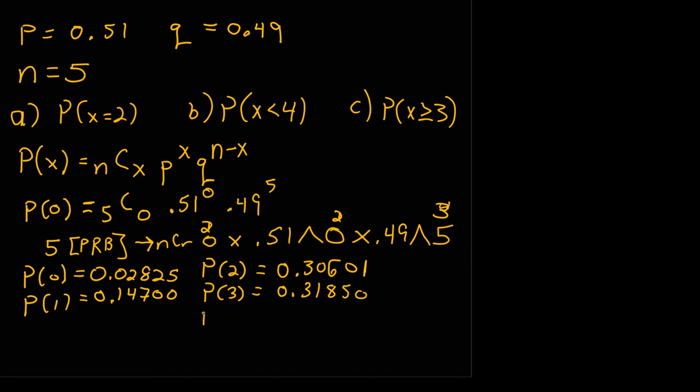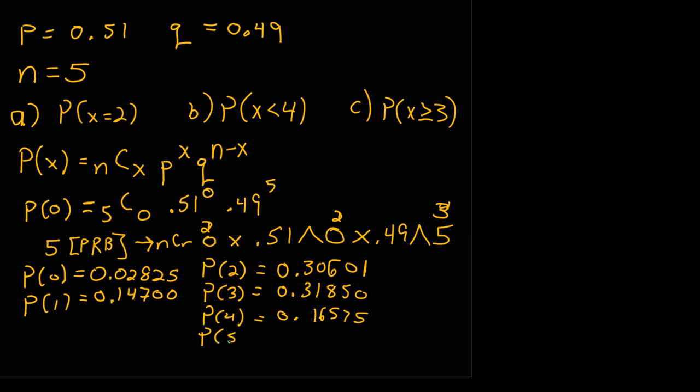Then P4: I up arrow, replace this with a 4, this with a 4, this with a 1, and get 0.16575.